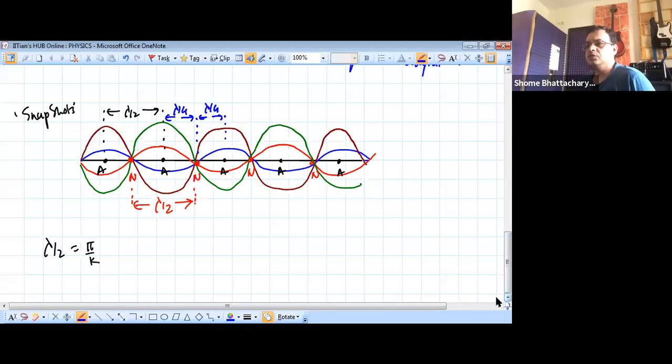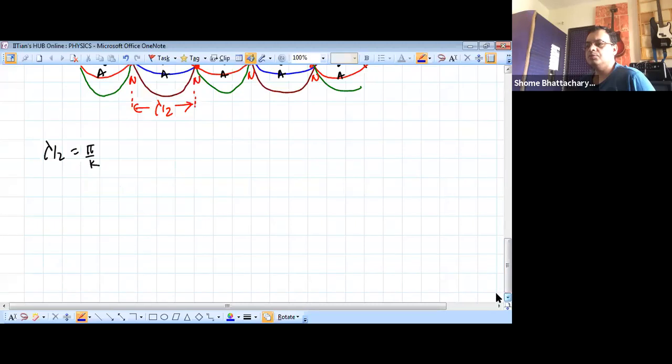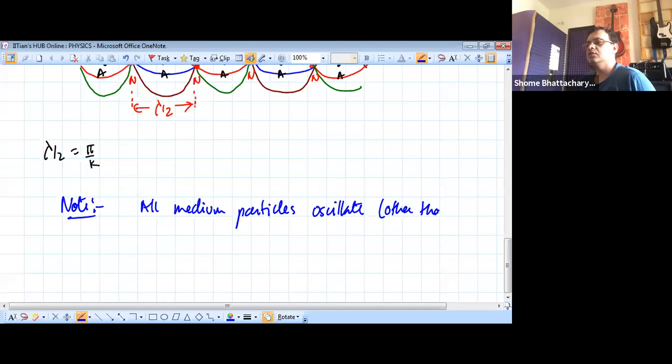Now, a few more things to understand about the physical properties of this. As far as the oscillation is concerned, we've seen about the amplitude. All medium particles oscillate, of course, other than those at the nodes.